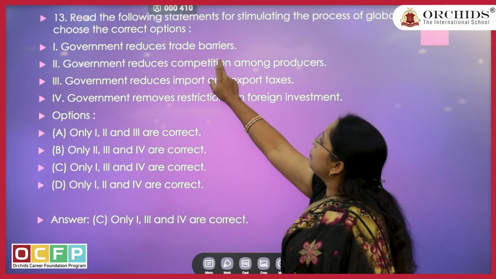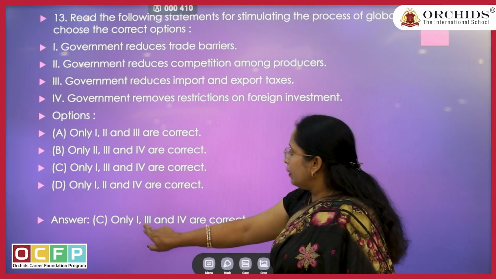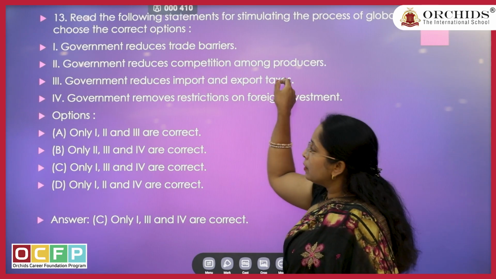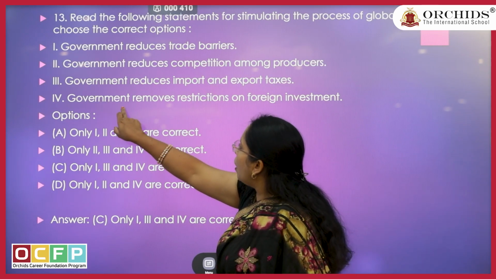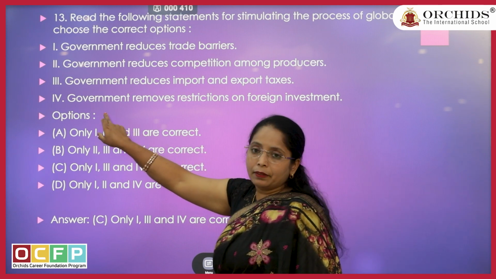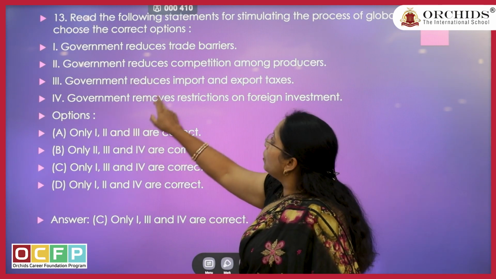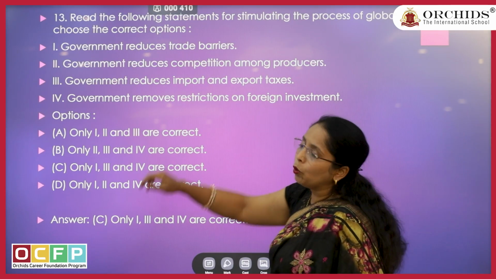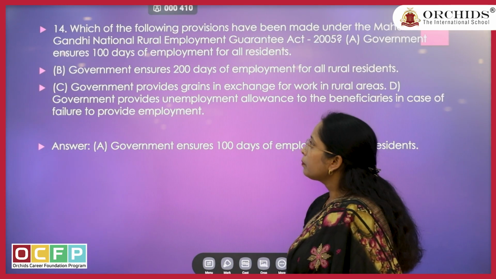Government reduces trade barriers. 3 is government reduces import and export taxes. And the 4th one is government removes the restrictions on foreign investment. These are the 3 things we stimulate for the process of globalization.